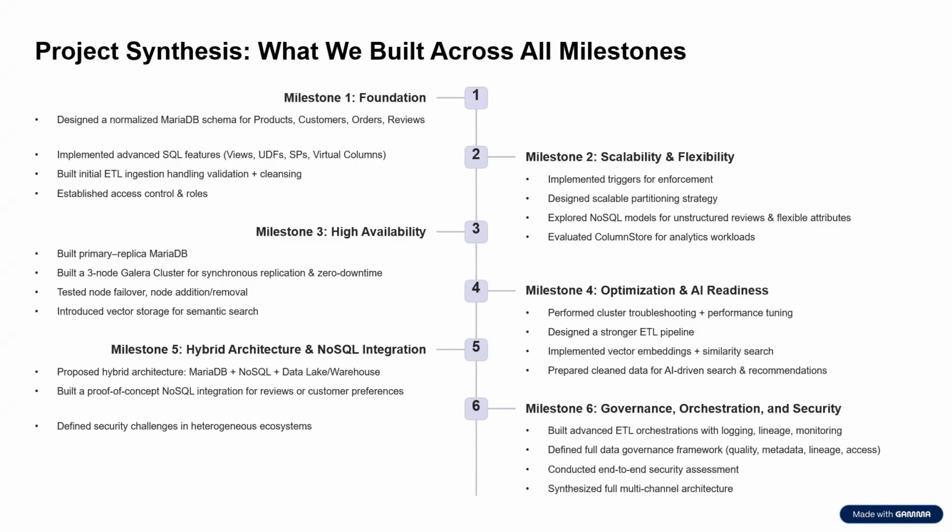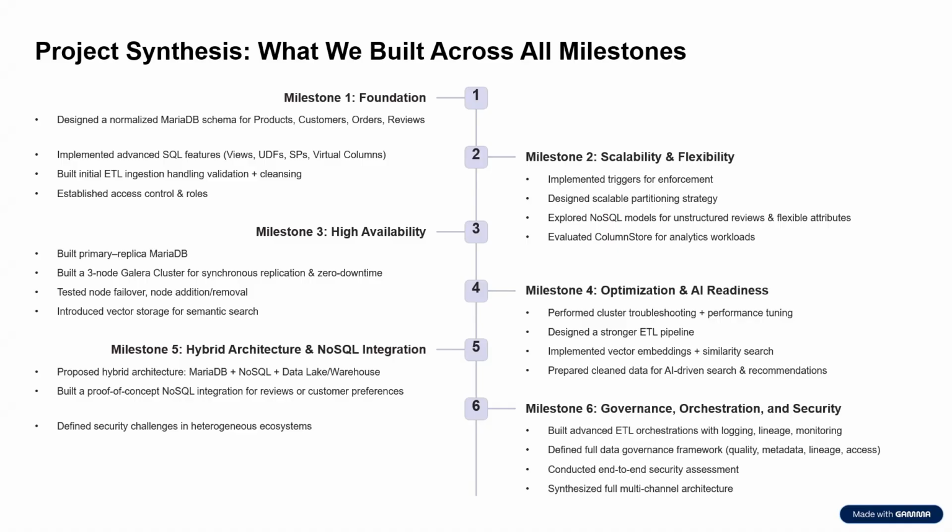So we started with the foundation, where we designed a MariaDB schema for all the tables for Aethermart, then implemented some advanced SQL features, built an initial ETL pipeline and some RBACs.